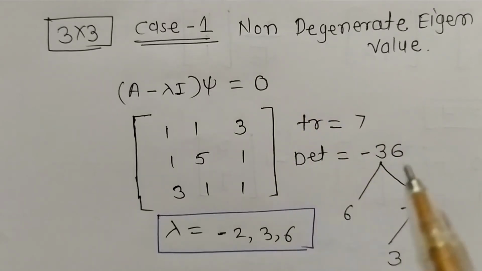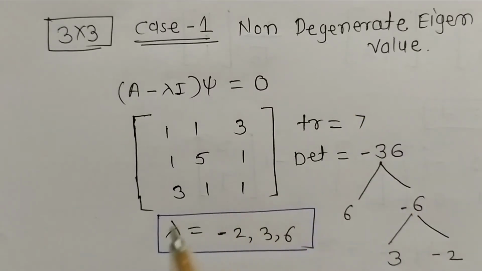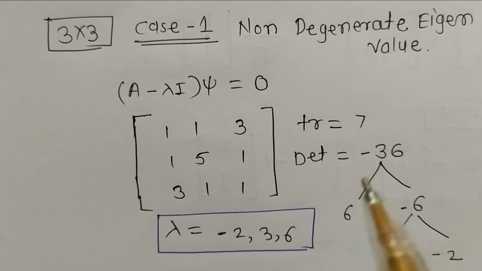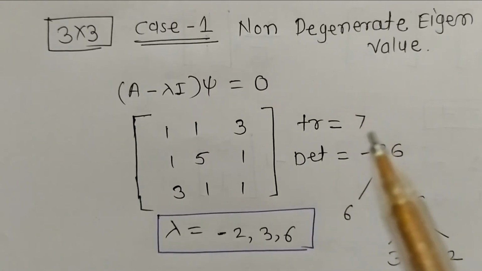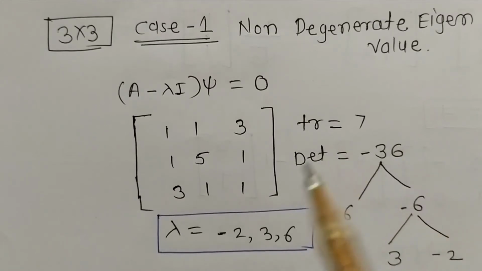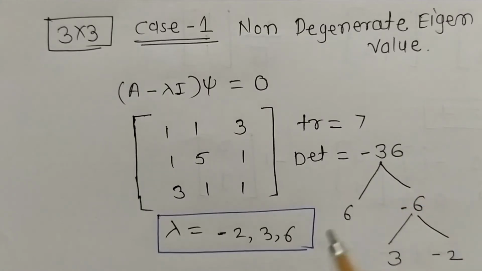So from the trace and the determinant we can find the eigenvalues. How can we find these eigenvalues? The addition of the eigenvalues is our trace and the multiplication of the eigenvalues is our determinant. Then we have to find numbers whose addition is 7 and whose multiplication is minus 36. 6 into minus 6 is minus 36, but the addition of this becomes 0.